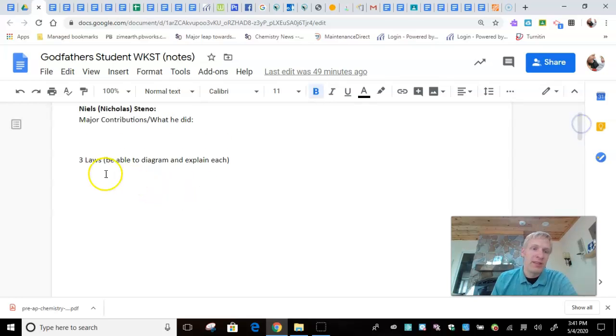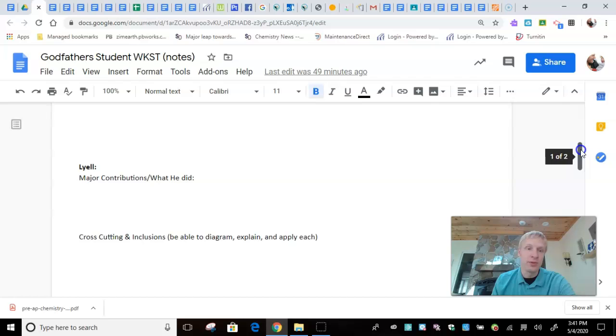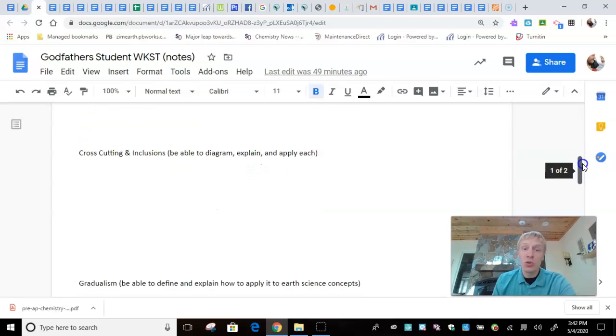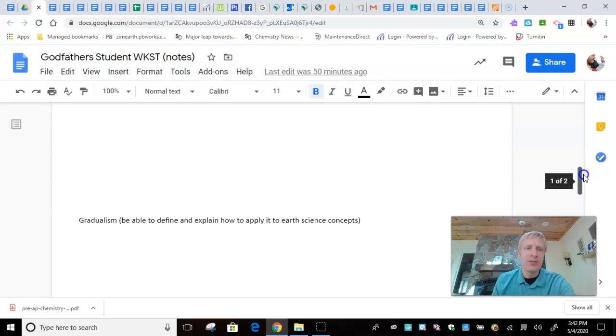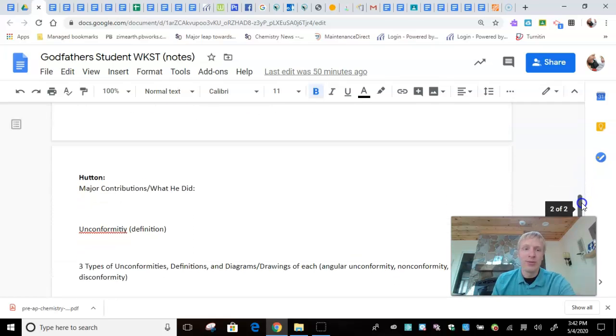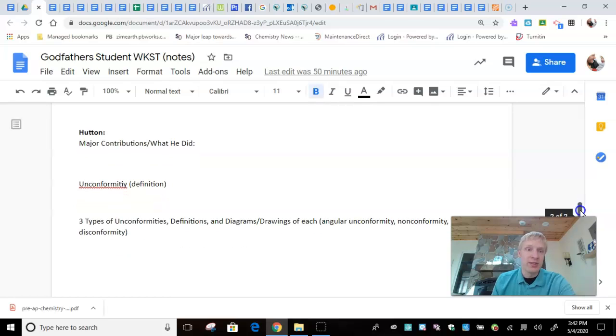The other thing for Nick Steno is the 3 laws. What are his 3 laws? Explain them. A picture for each of his laws would be good, some sort of visual. Then we got Lyell, his major contributions, the date, cross-cutting and inclusions, include those, and gradualism are concepts, so you got to include those into your presentation.